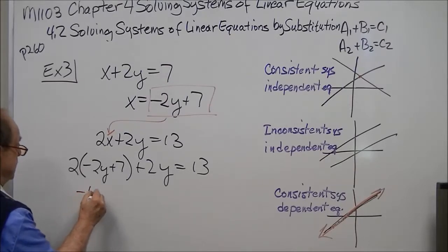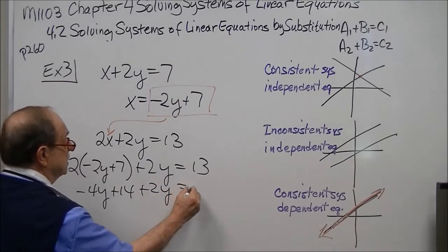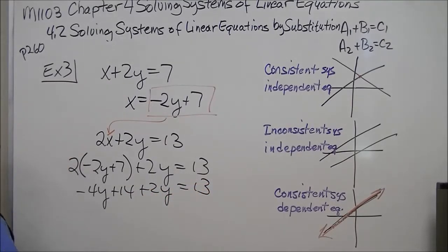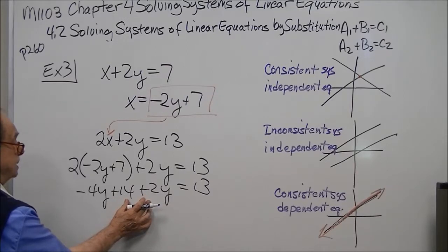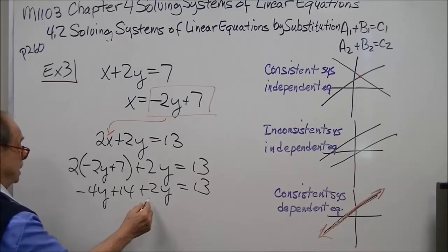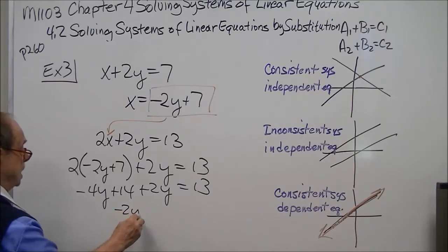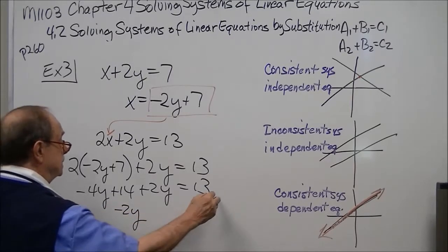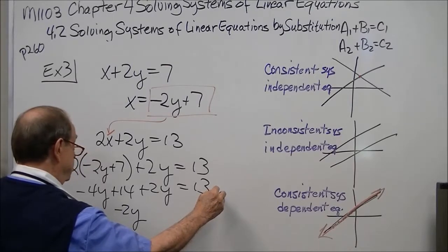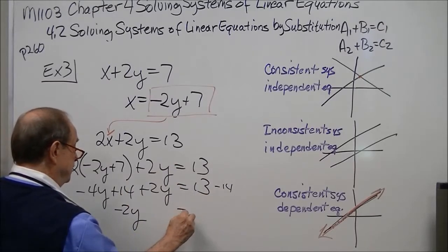So this is a negative 4y plus 14 plus 2y equals 13. Looks like we're going to group like terms. This is going to be a negative 2y, and this goes over to this side as a negative 14 as we transpose it.